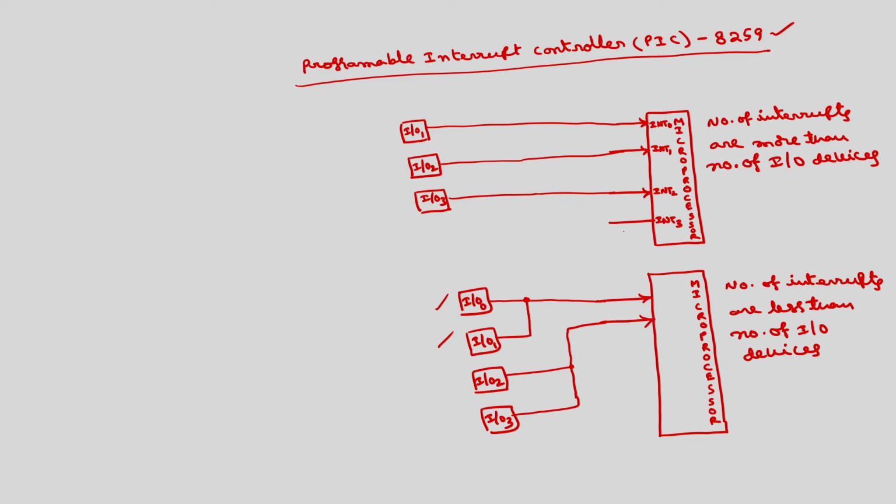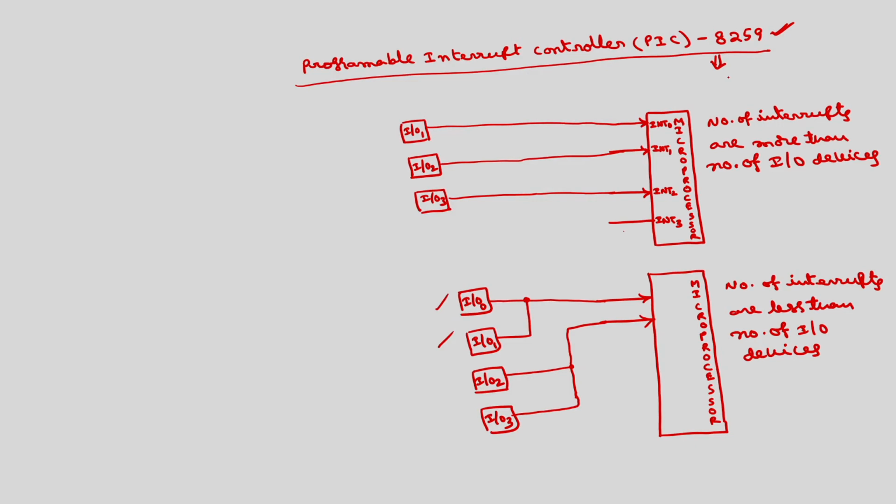It will perform various tasks like assigning priority to the I/O devices. The one with highest priority will be served first, after that the remaining will be kept pending. All these operations will be performed by this 8259, the overall manager between the microprocessor and I/O devices.